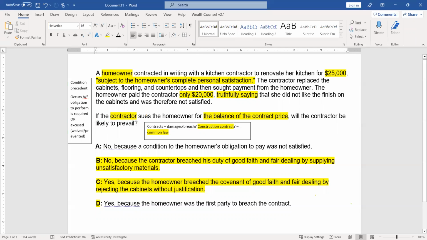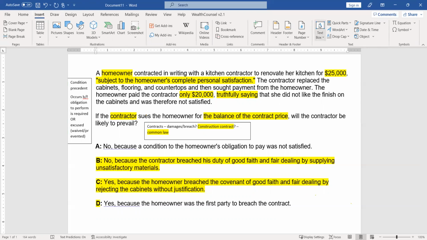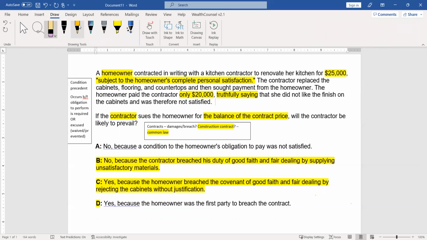The answer is the condition, she would only breach if the condition has occurred. The condition is that it is subject to her complete personal satisfaction. That is a really important point to know as far as the facts go, complete personal satisfaction.